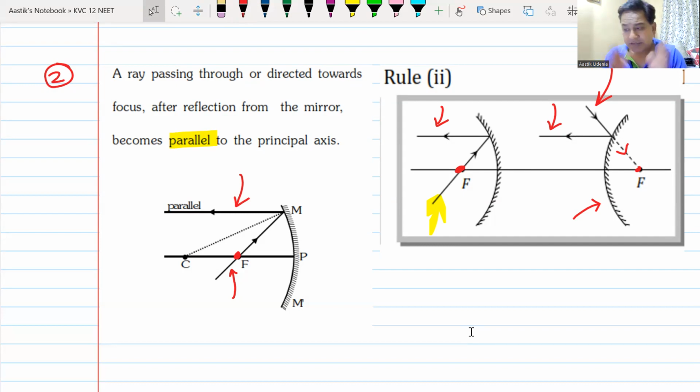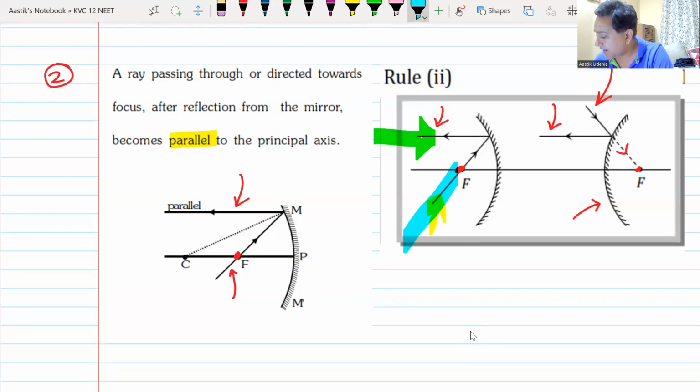Rule number 1 is just the reverse of this. The ray of light was parallel. If you just reverse the arrow, it becomes rule number 1. So in rule number 1, the light will go like this in the green direction, and it will be going back in the blue direction.